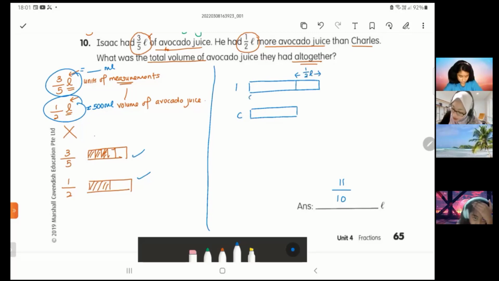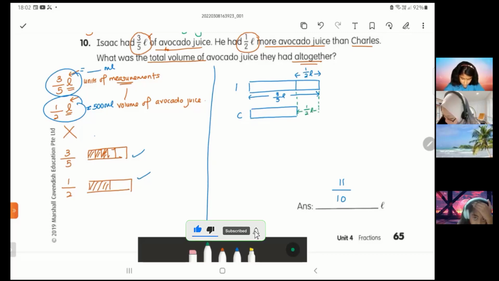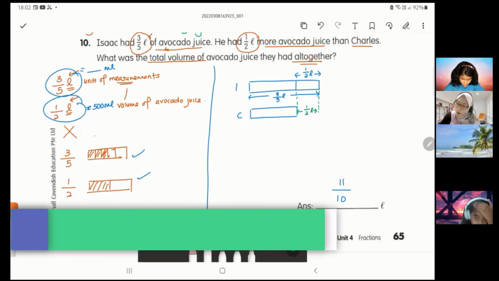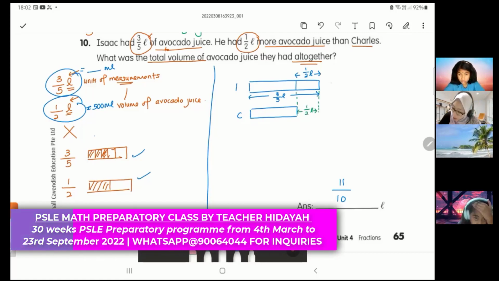And Isaac has a total of 3/5 liters. So your model should look like that. Understand? Okay. And then you can tell that this part here is also half liters. So I want to know the total volume of avocado juice they have all together.